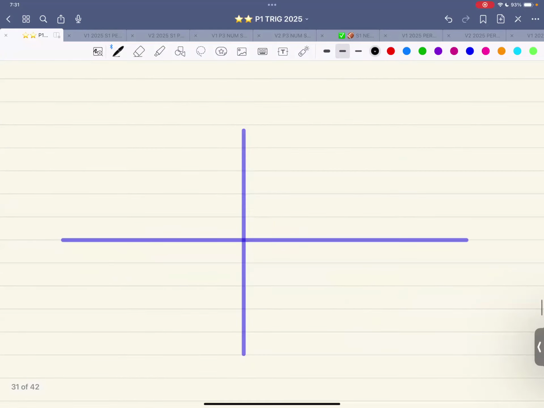Similarly, if I want to draw cosine using the same standard, let me choose the same color. And this time it's like this. That is one waveform.